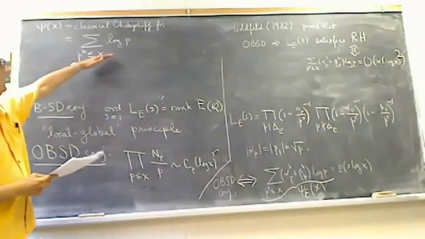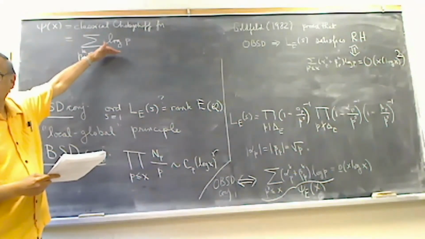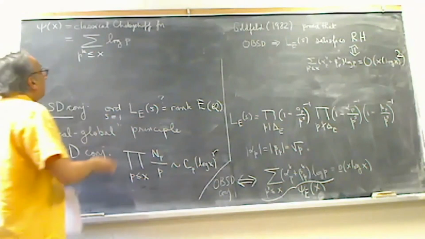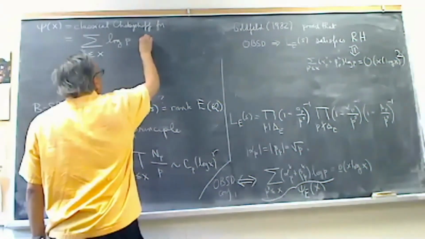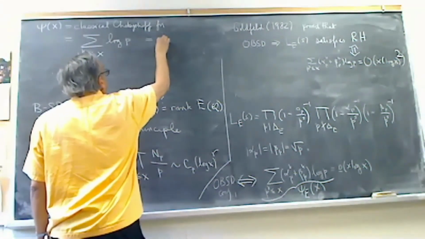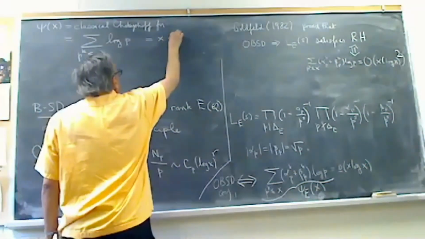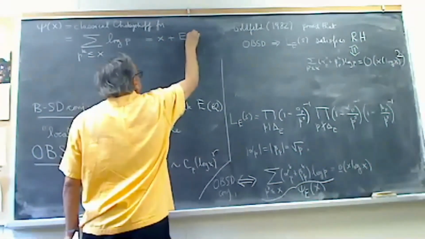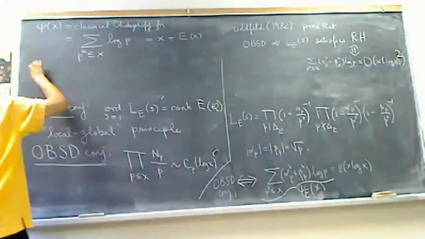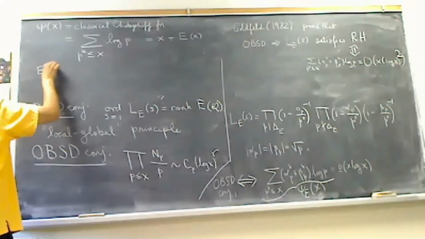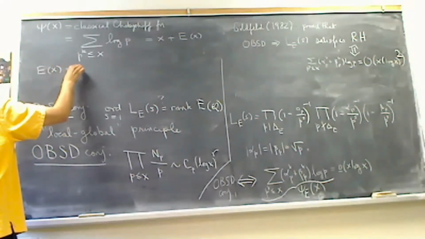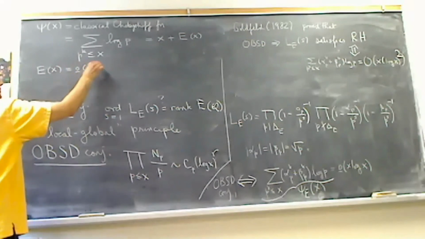That's the classical Chebyshev function. And all of you know the prime number theorem says that this is equal to X plus some error term E of X, which by the prime number theorem is little o of X.